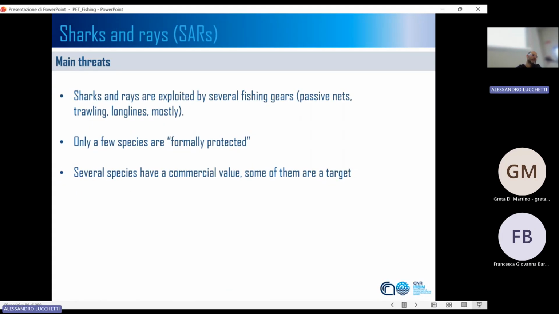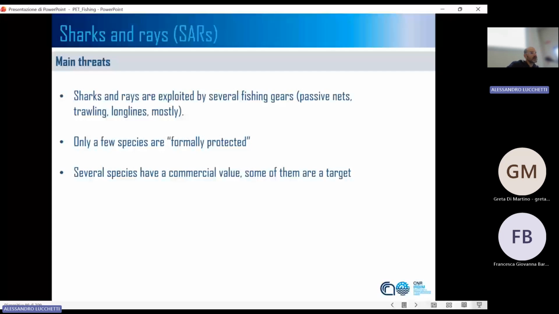Sharks and rays, the main interaction for them is the bycatch, obviously. And dealing with sharks, the main problem is that only a few species are protected. And the main problem also is that most of them have a market importance.